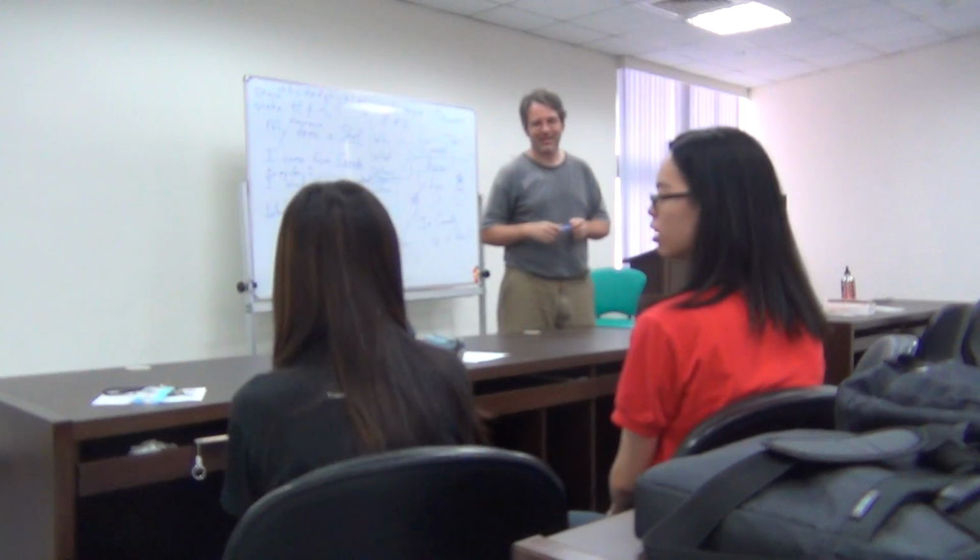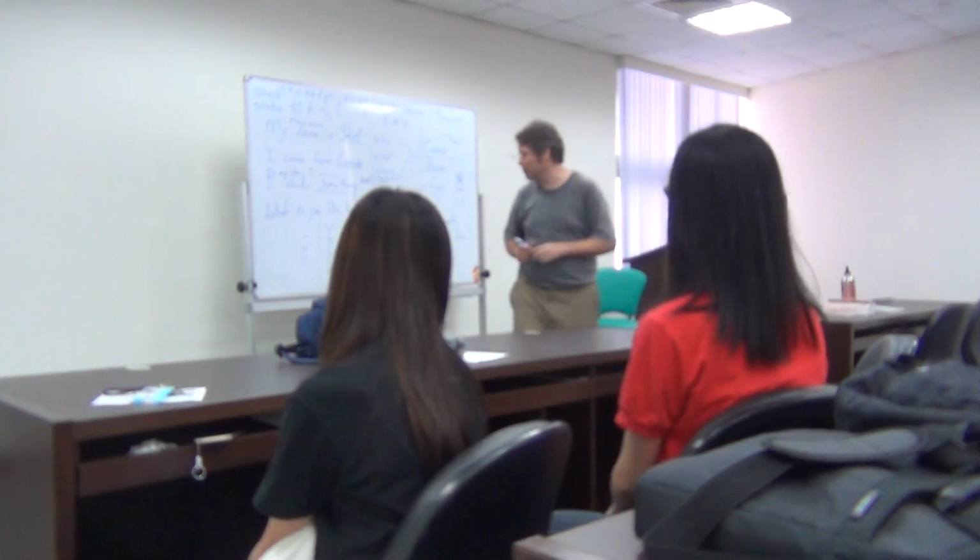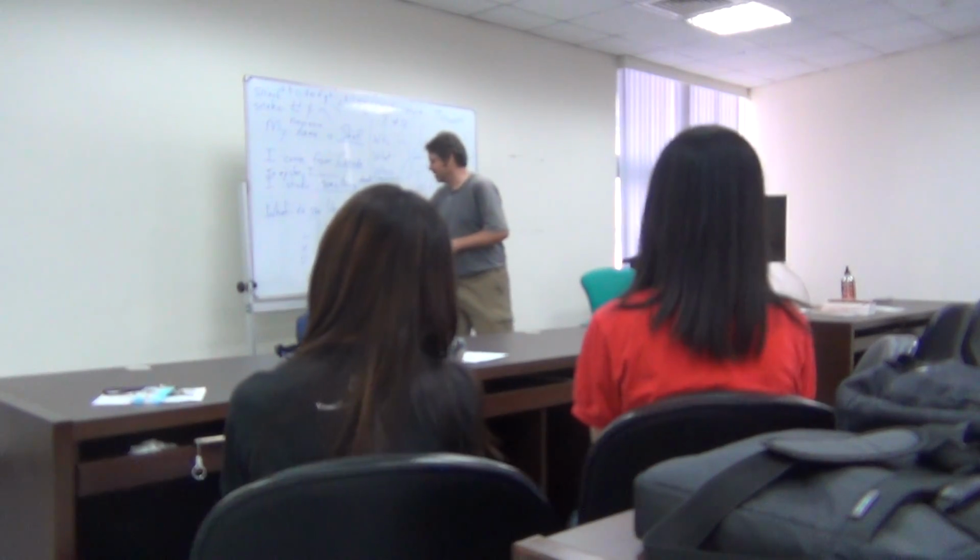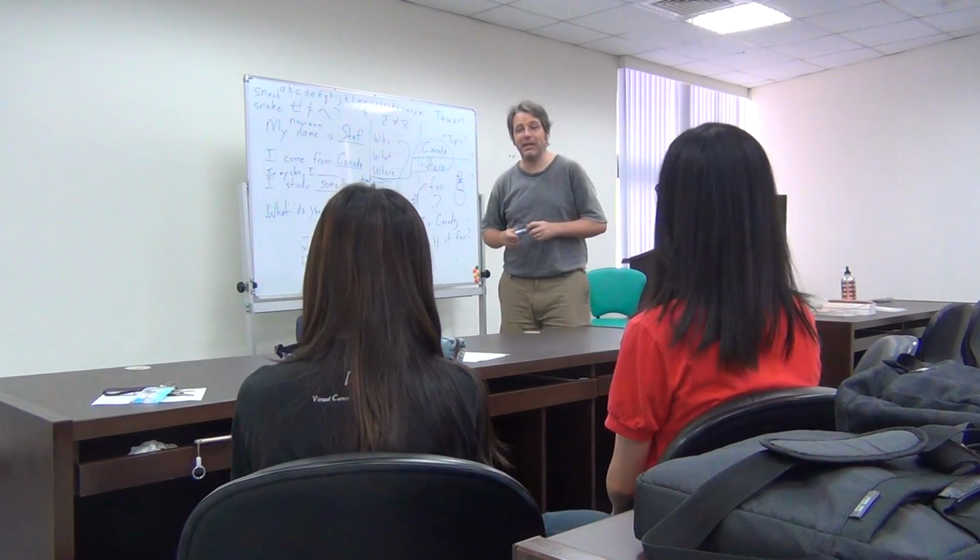All right, what about you, dear? What do you like to do? I like to play with. Okay, you like to play. Yeah, you like to play with everyone. What kind of thing do you like to do? You like to play sports, like basketball or baseball?